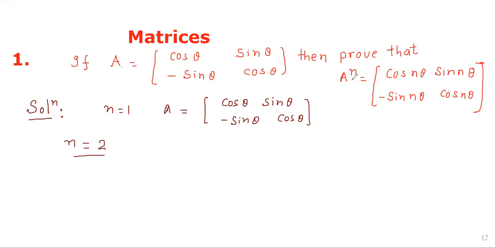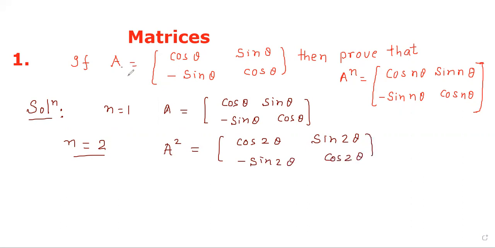When we write n equal to 2 here, we get A square equal to [cos 2 theta, sin 2 theta; minus sin 2 theta, cos 2 theta]. Now, from here also we have to find out A square, and then we will check whether the two values are equal.